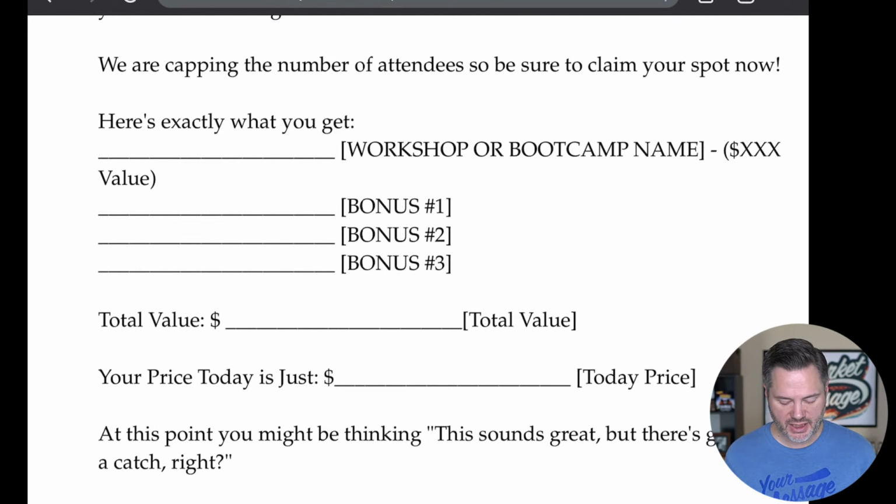Stacking the offer puts so much value on the price that the price becomes a no-brainer, right? So if I were to say, hey, I'm going to do this 1-day book writing workshop, and the value of that's $297 if I were to charge full price. But in addition to that, you're going to get 5 of my Kindle templates to format your book in.